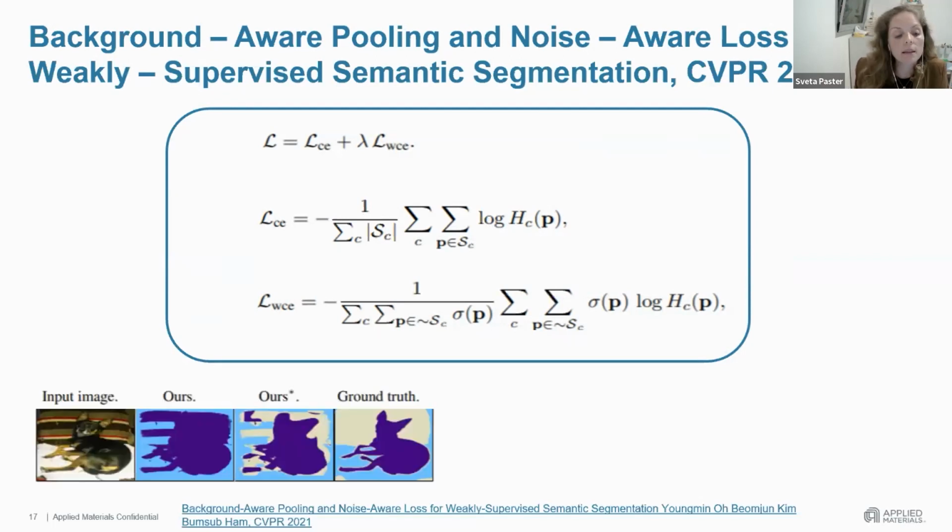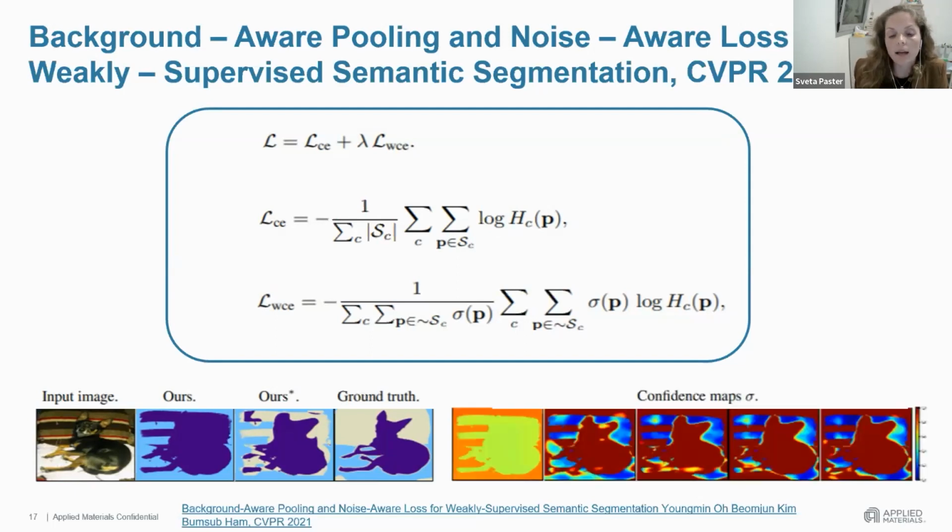And we can see that, for example, if this is the input, the ours, it means the authors', of course, this is the combination of two masks coming from the classification network. The gray areas are the unconfident areas. The purple is the confidence areas. And we can see how the confidence map changes during the training, and it's modified and improves.